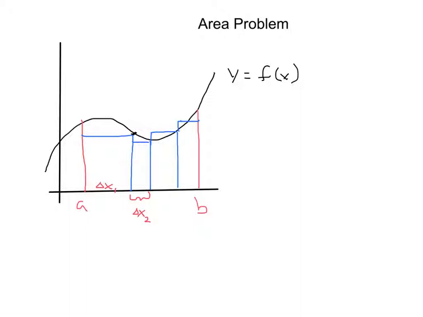Now, we could get a better approximation by increasing the number of rectangles. The more rectangles I have, the better approximation I'm going to get. But that's going to require that all my delta x's get smaller as I do this.